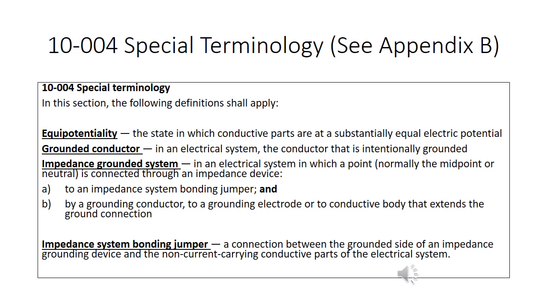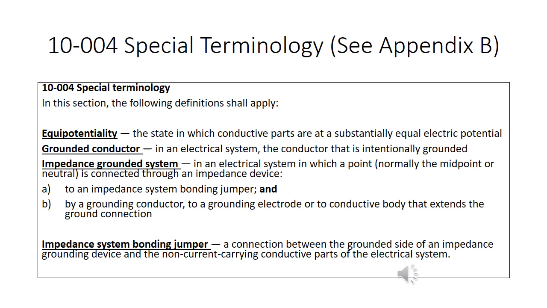Equipotentiality: the state in which conductive parts are at a substantially equal potential. Grounded conductor: in an electrical system, the conductor that is intentionally grounded.